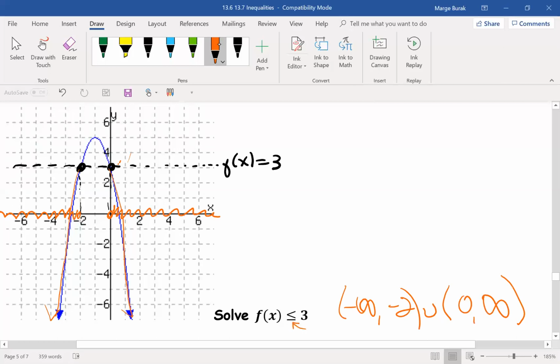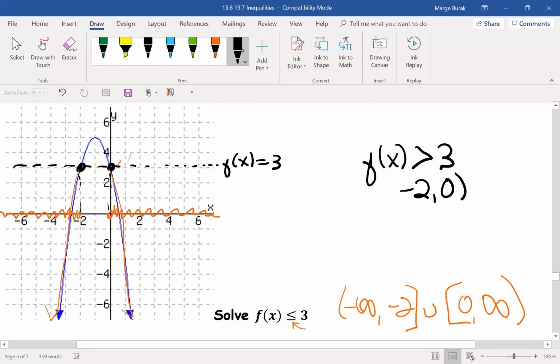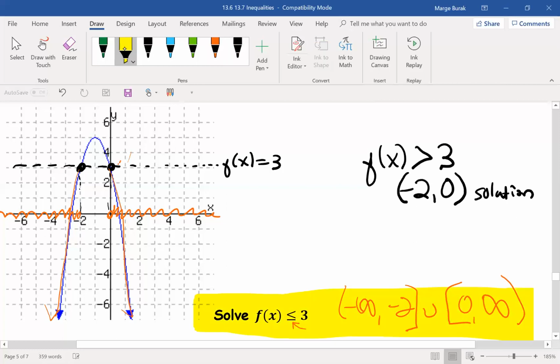So I have to have an equal to on those two because I want -2 and I want 0. Now, if it would have said f of x is greater than 3, then I would have wanted in between the -2 and the 0, and I would have given them that. Okay, so this problem is there.